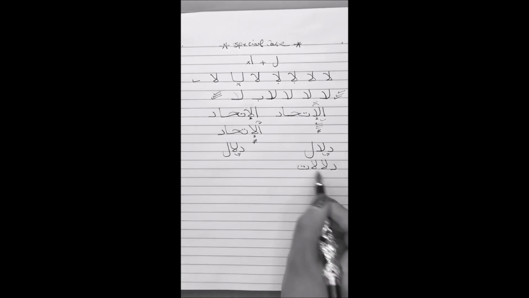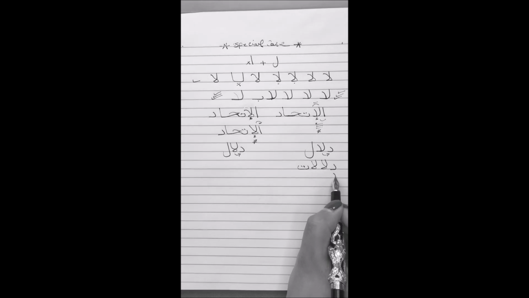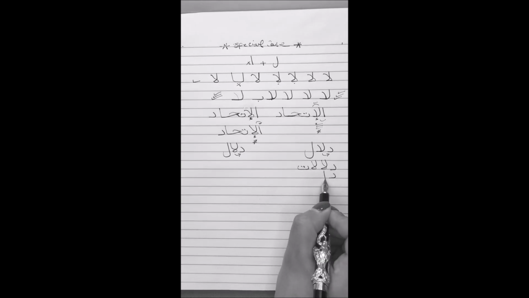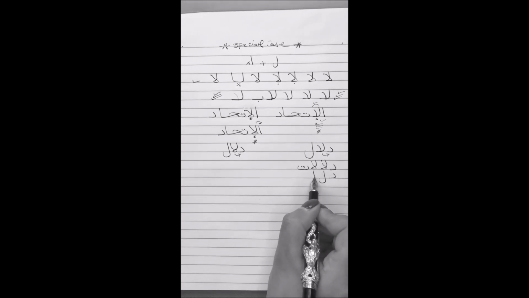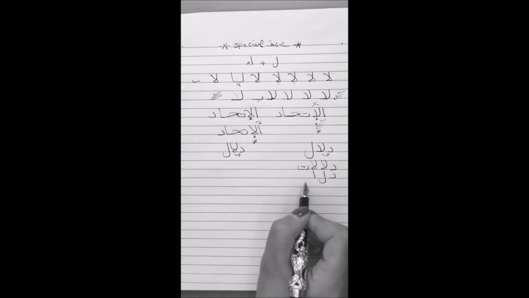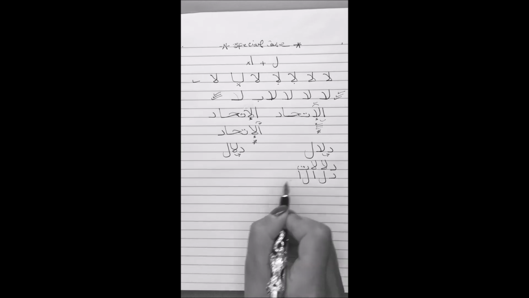I started with a twisted shape. Let's break down that shape. It's a dal, then a lam, then an aleph, then breaking that shape, it's a lam and another aleph, and then a te.